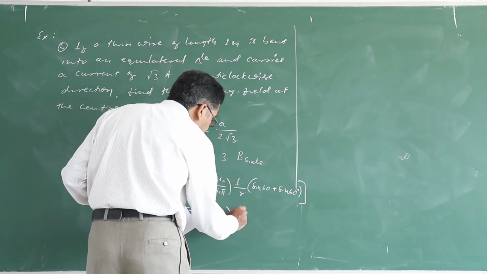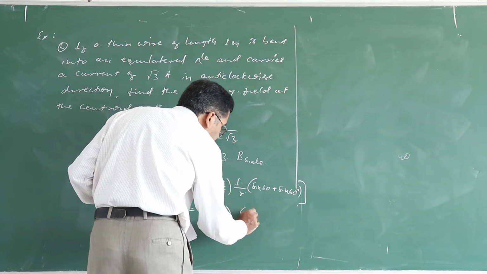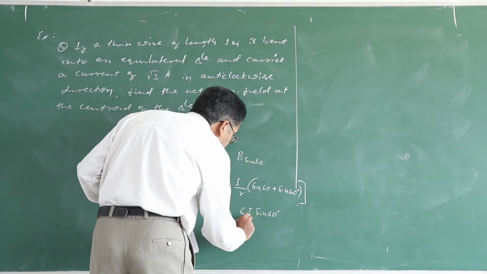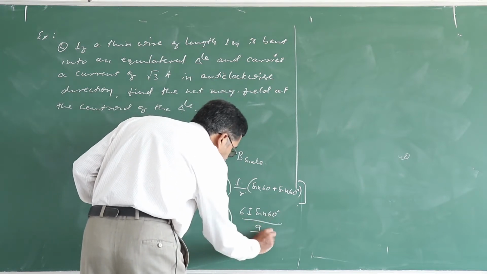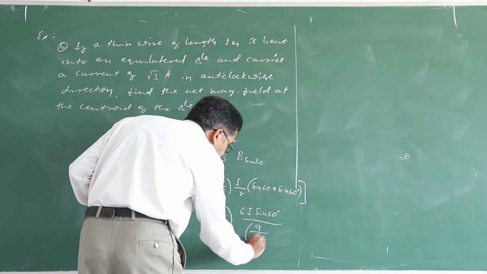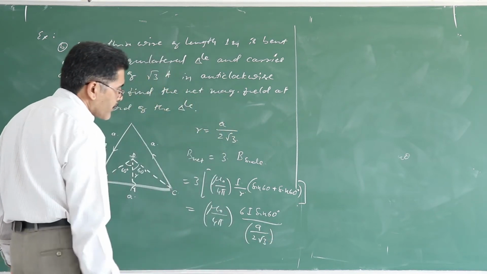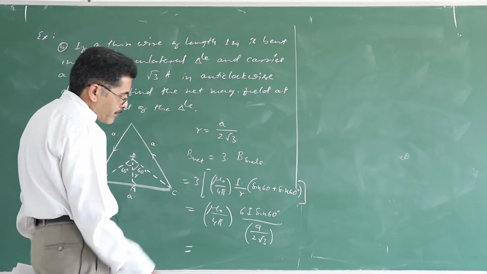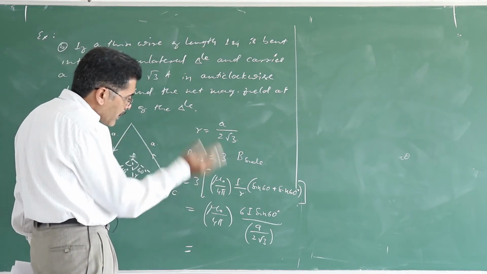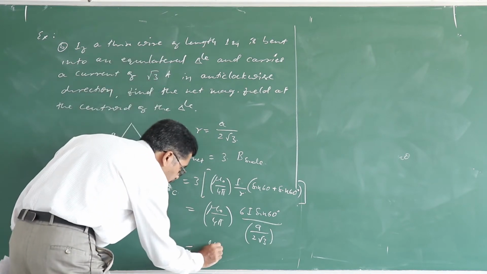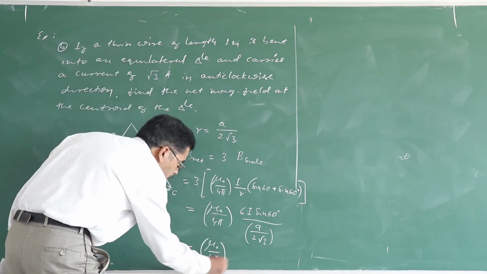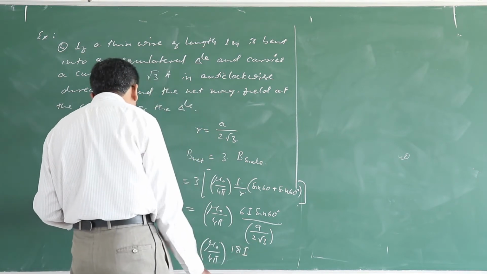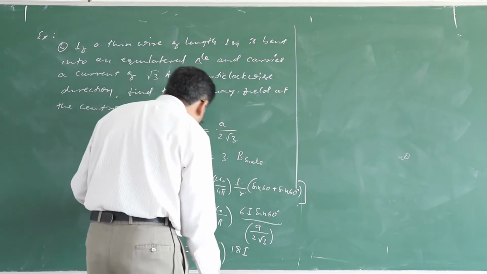This is 3 into 2, 6 into 6I into sin 60, and what is a? So r is a by 2 root 3. Sin 60 is root 3 by 2. This 3 goes there. So therefore mu naught by 4 pi 18I divided by a.